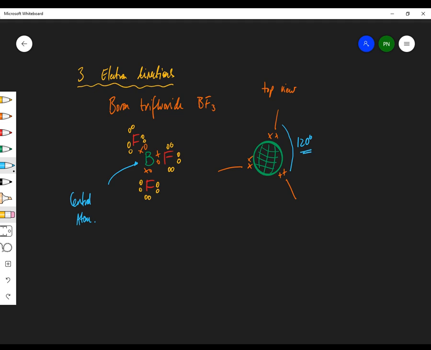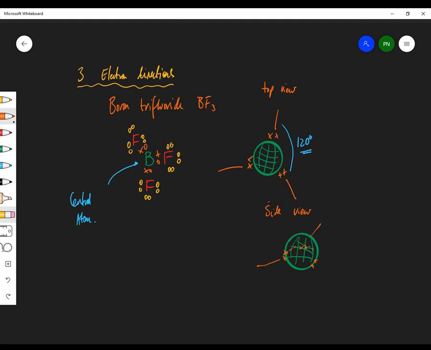If you looked at this from the side view, and now here's my sphere again, this is my boron. This is a side view now. You'd have electrons, this is behind now, and you'd have electrons here.